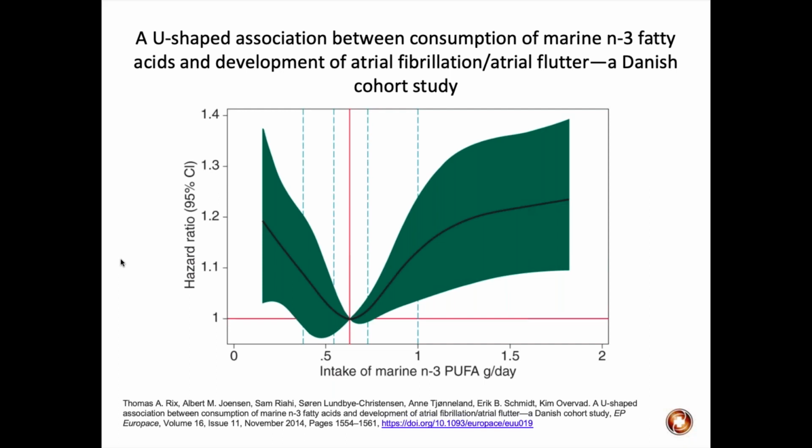We're talking about marine oil like fish oil, where you can see that beyond somewhere around 0.75 grams per day, there starts to appear to be a slight increase for risk of atrial fibrillation, irregular heartbeat. This is getting kind of into the weeds a little bit here, but I think it always begs the question, what is the optimal physiological level for some of these? And when we don't have all the answers, we know that more is not always better.